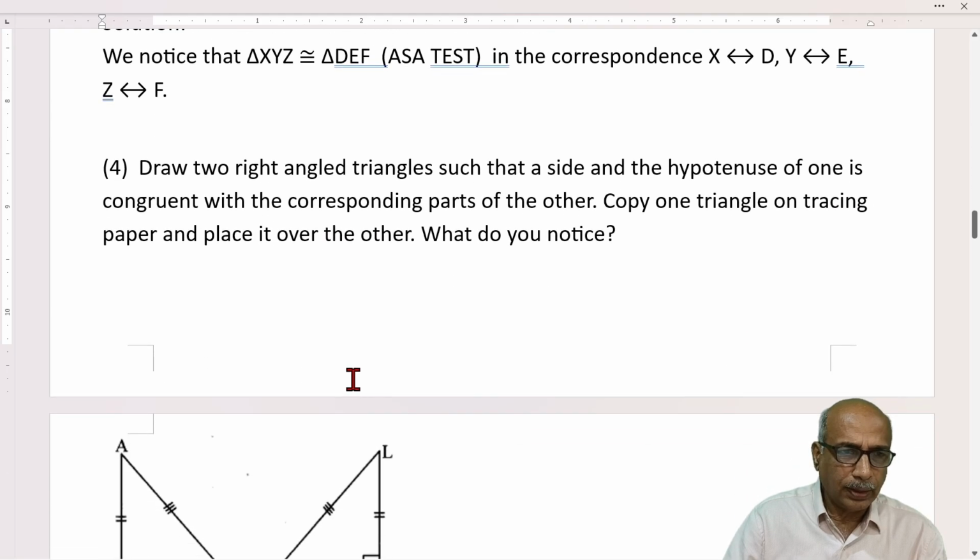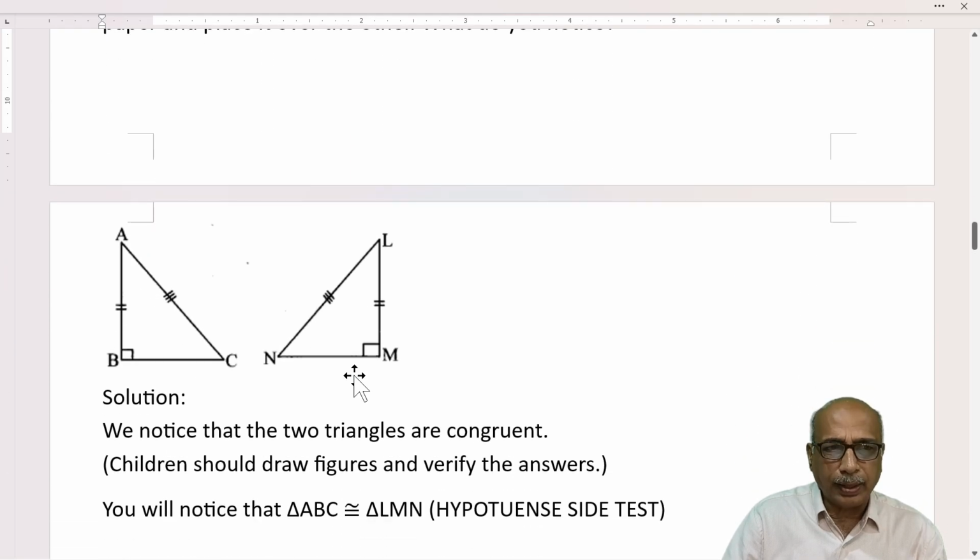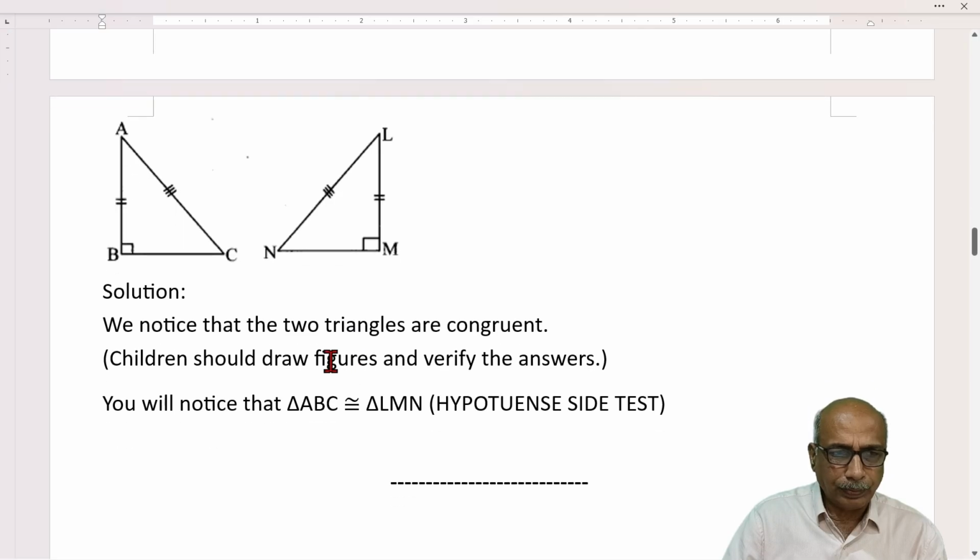Next. Here two right angle triangles you have to draw. You know the side opposite to 90 degree is known as hypotenuse. So for triangle ABC, AC is the hypotenuse, and for triangle LMN, LN is the hypotenuse. These two sides are congruent.